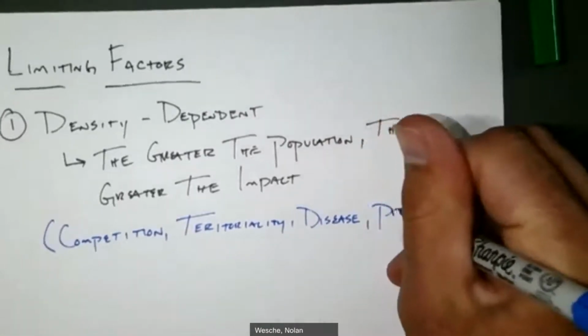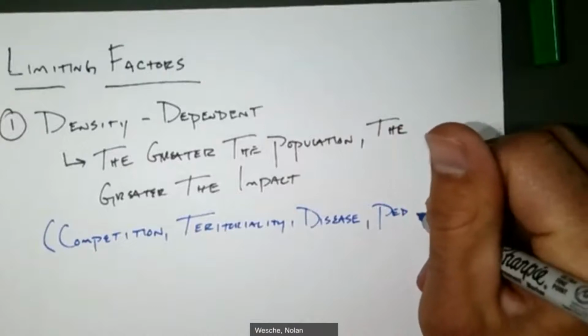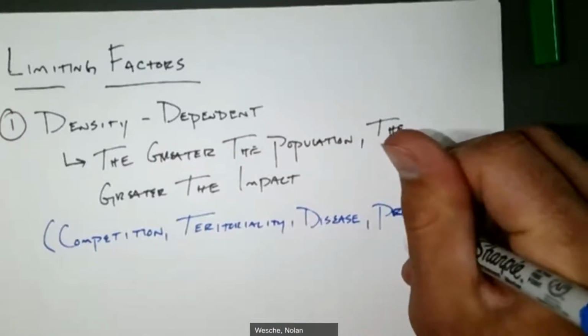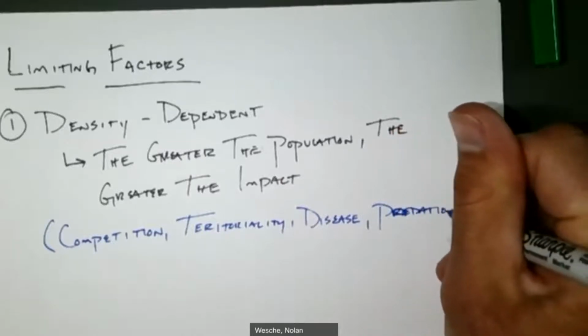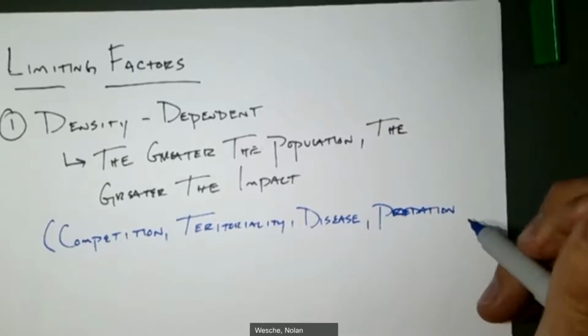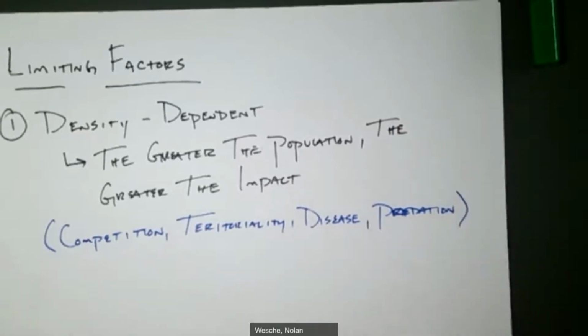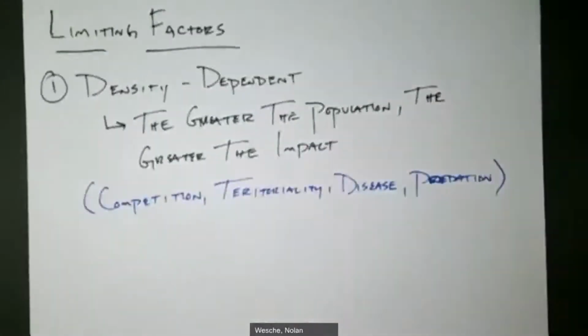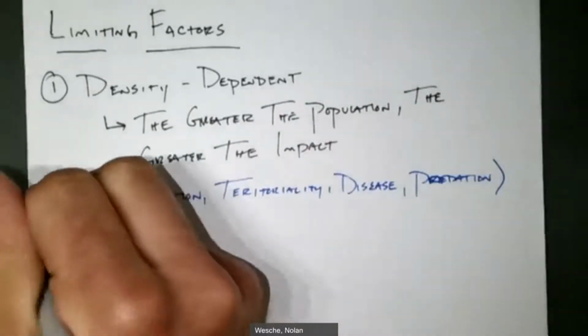You have predator-prey relationships. So predation goes up with greater density numbers. Stress can go up with greater density numbers. So those are density dependent factors. The other group will be things we call density independent.